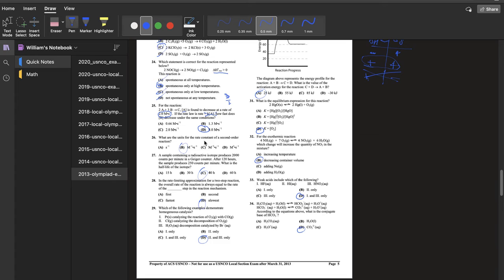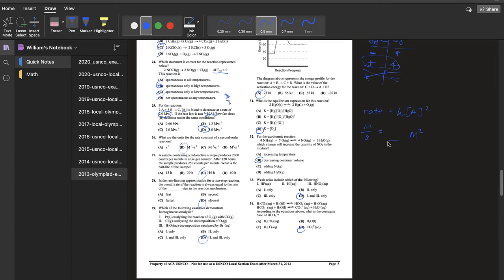What are the units for the rate constant of a second order reaction? Okay, so let's think about this. Let's just draw out the equation for a typical second order reaction. You could do A squared or AB, it doesn't matter because units are going to be the same. Rate is measured in molarity per second, which will be moles per liter seconds, equals, we'll leave the spot for K blank for now, and then molarity squared.